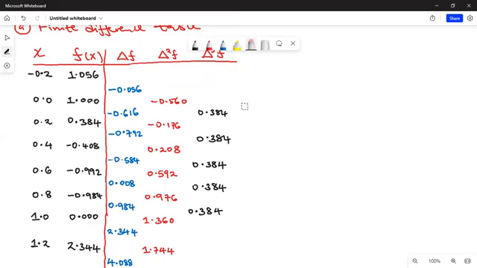Now let's answer part B. We need to know the degree of the polynomial that was used to generate this kind of a table.